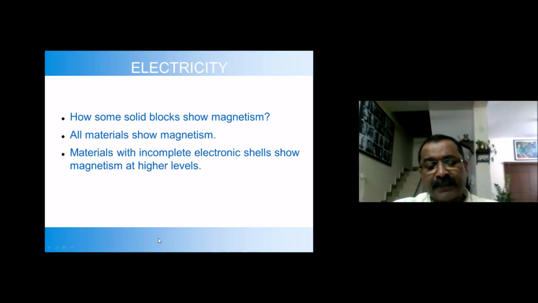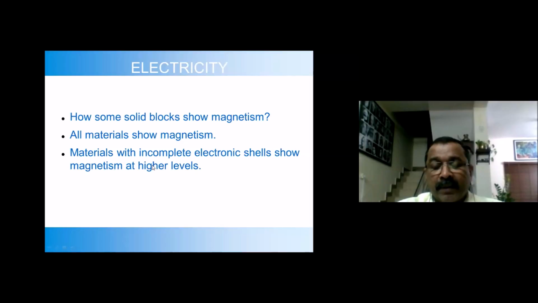So it is because of this electron current that materials show magnetism. And the materials with incomplete electronic shells will show magnetism with a higher magnitude. So if you see a block of material and it's showing magnetism, you can very well say that it has got incomplete electronic shells at its subatomic level.